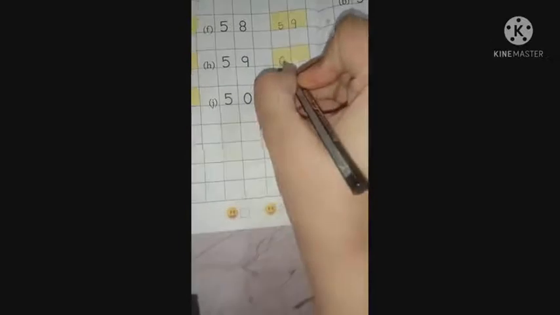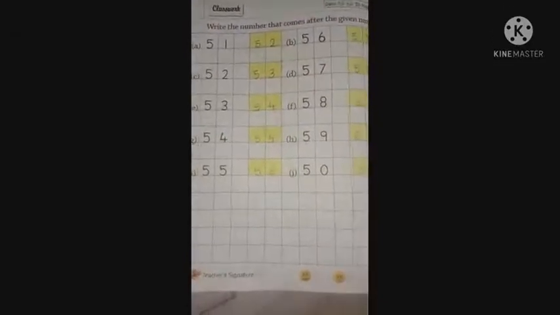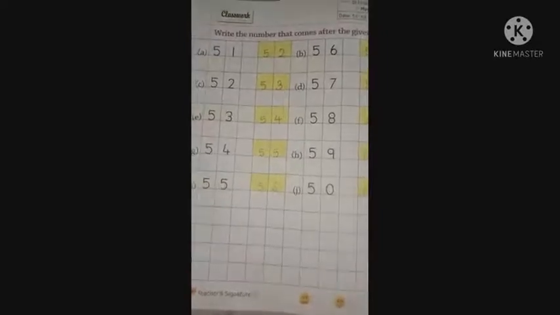It's number 60. Now what comes after 55? It's number 56. The coming number is 56. Now what comes after 50? It's number 51. Look how simple it is. We just have to write the number that comes after the given numbers.